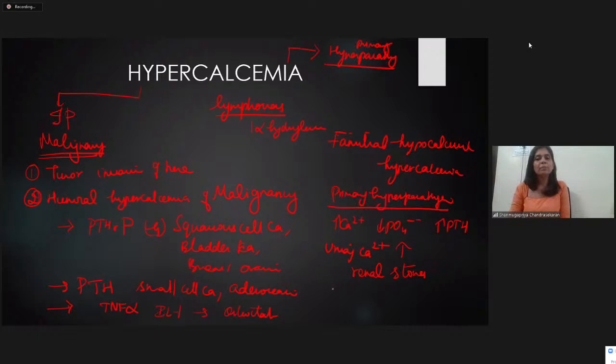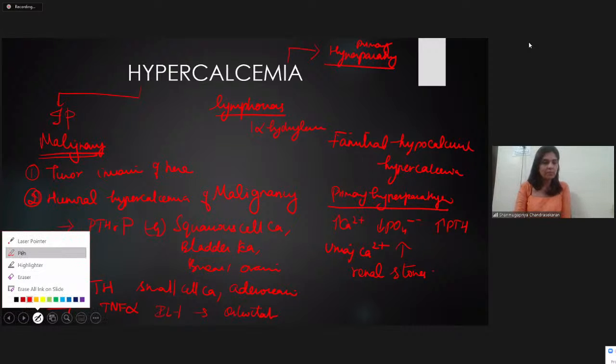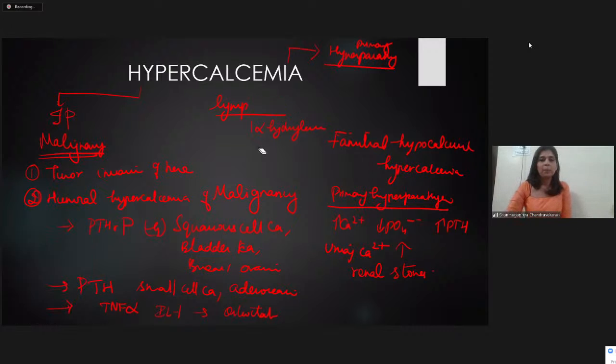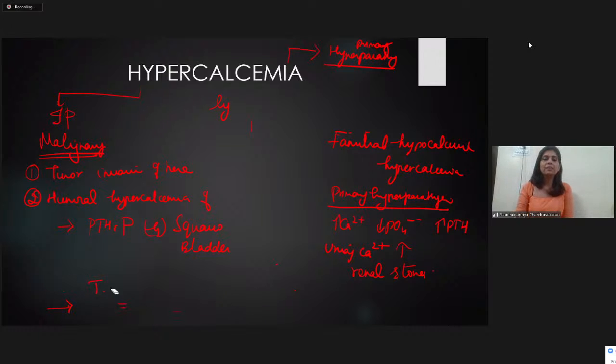Now, what is familial hypocalciuric hypercalcemia? In familial hypocalciuric hypercalcemia, it is a mutation of the calcium sensor receptor. Do you understand this? So, what do you expect?